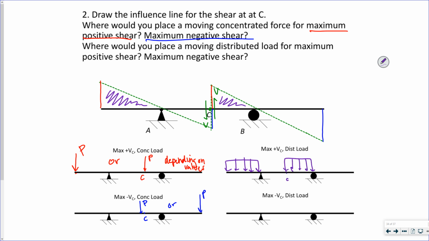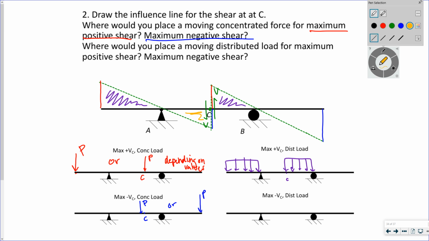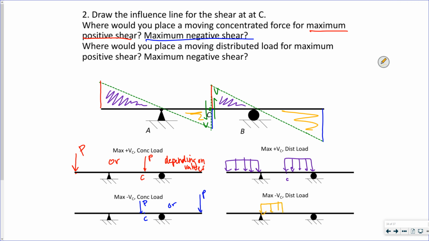This is point C. For maximum negative shear, I would put one here up to C, or here.